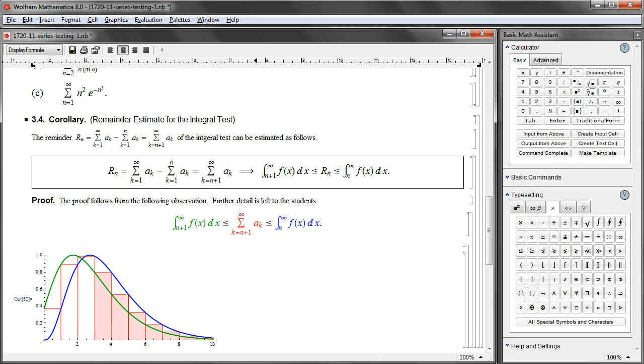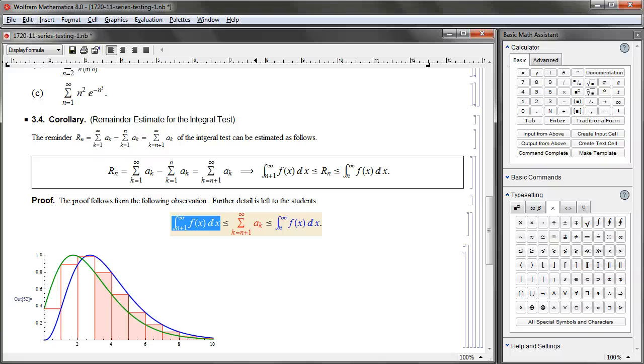So in this case, we are calculating this tail part of the series from k equals n plus 1, which is 3 plus 1. So the series begins from a4 plus a5 plus a6 and so on and so forth. And this integral, the blue one, calculates the integral from 3 to infinity. This one calculates from 4 to infinity.